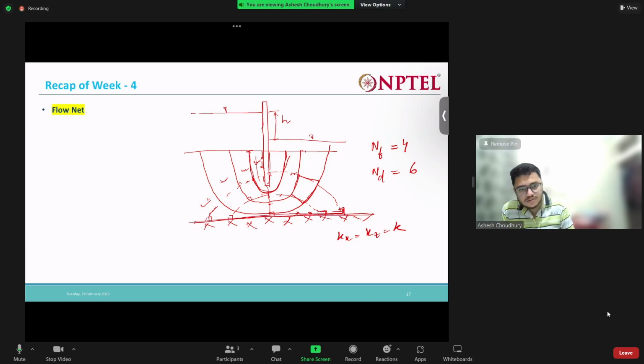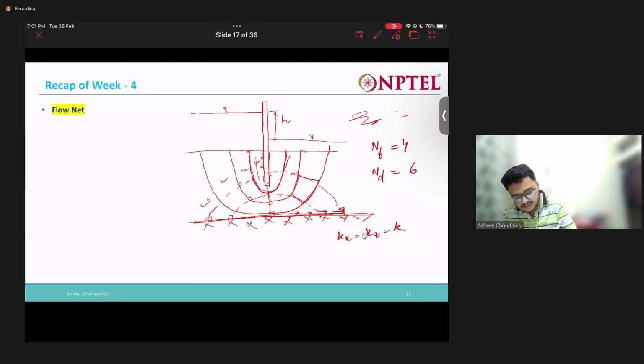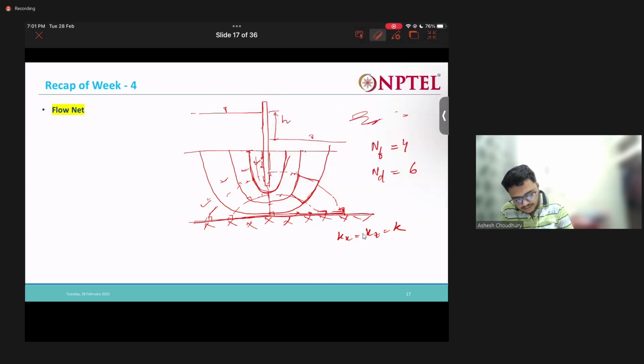Markup is not coming. Your marking is not reflecting on board. Now is it coming? Yes. Okay, I will just erase and do. I will just draw once again so that it's clear.